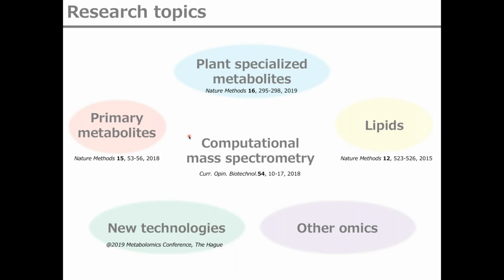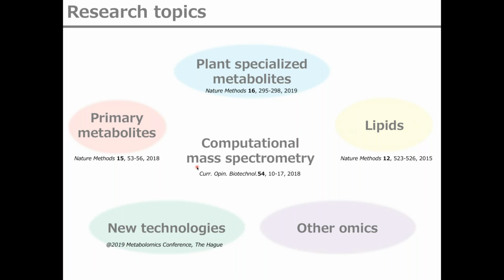Our technique can also be applied to several new mass spectrometry technologies, which include ion mobility acquisition methods and new fragmentation methodologies. I will give a presentation about it at the Metabolomics conference this year.